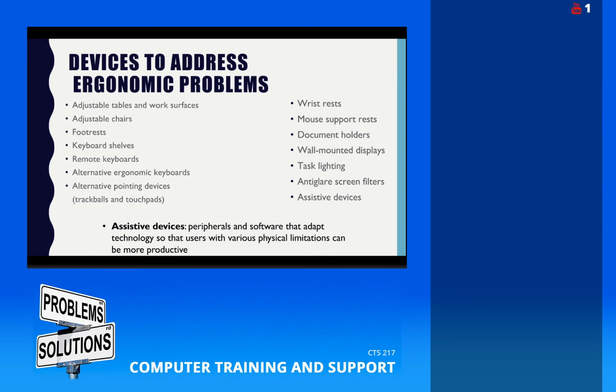Because really the safety and health of the workers is the most important thing. Remember that we've said before that one of the most important parts of our job as a help desk employee is to ensure that the other people who work for this company can do their job.